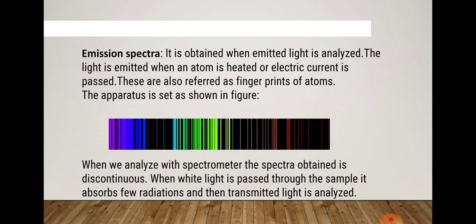And as soon as they absorb energy, they come into the excited state. The spectrum of radiation emitted by a substance in the excited state, meaning the higher energy state, is called the emission spectrum.